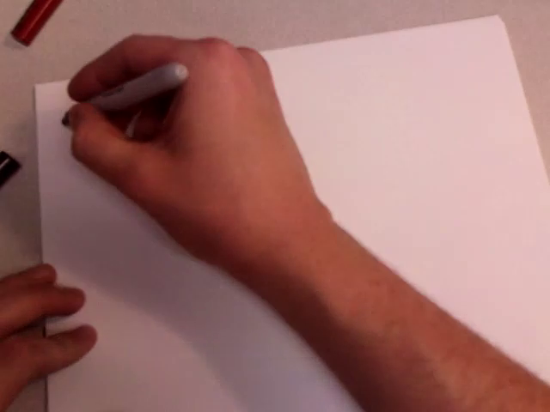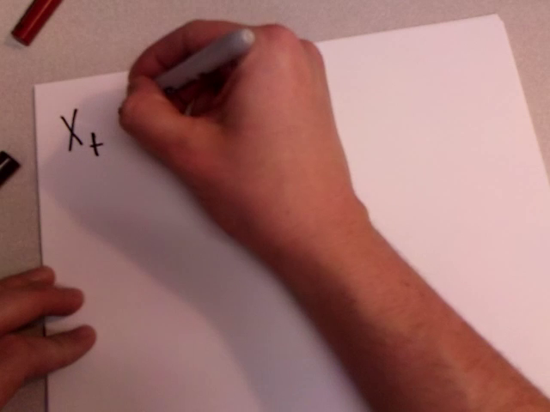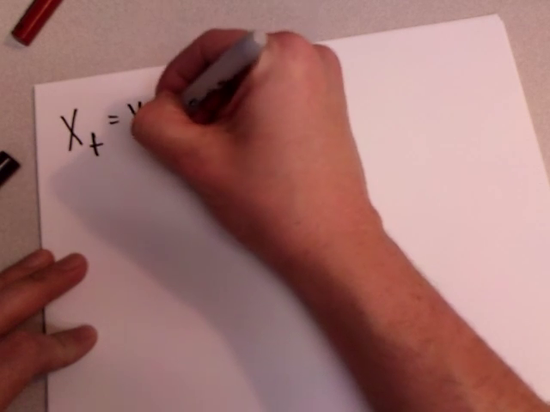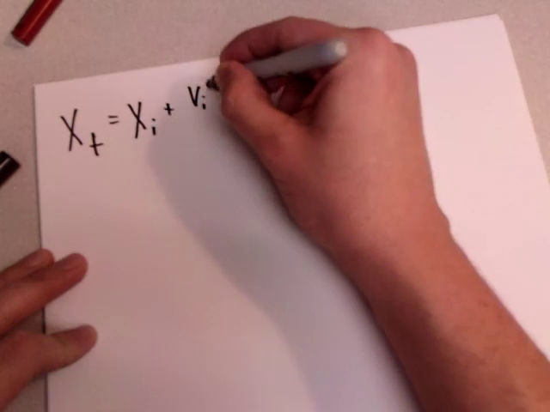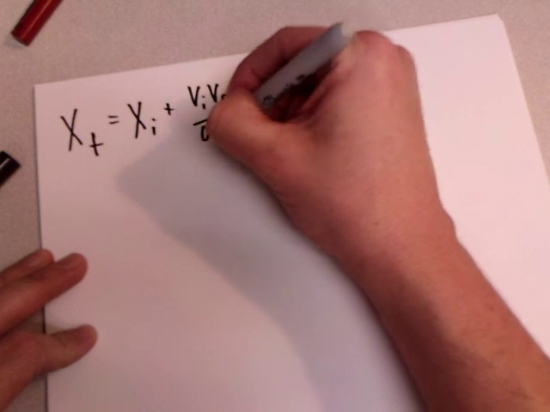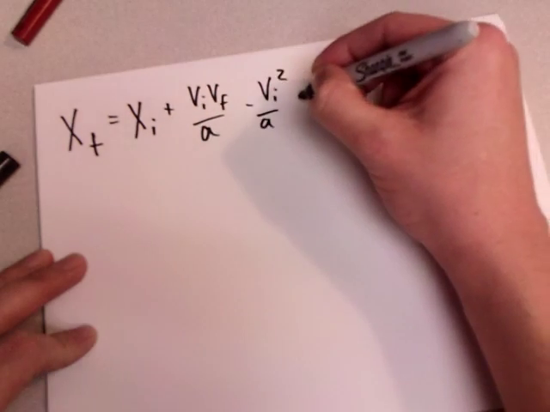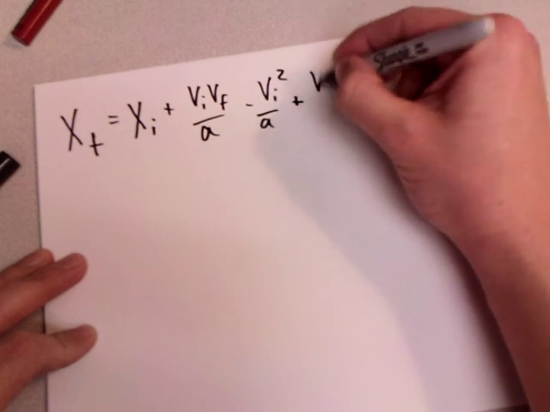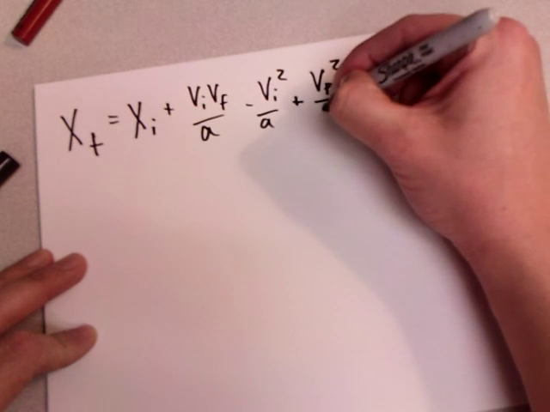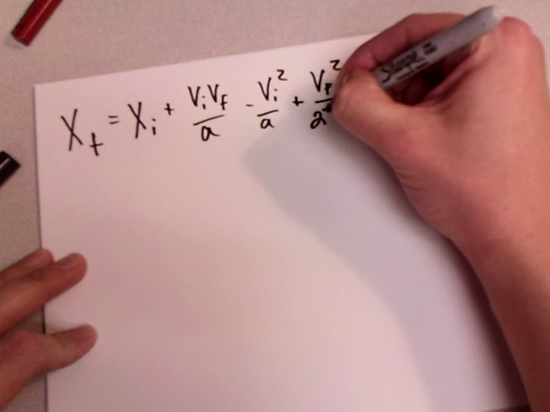We have now distributing that 1 over 2A through. We're going to say that XF is equal to XI. Again, these first few terms are just copying things down from before. Minus VI squared over A plus VF squared over 2A.